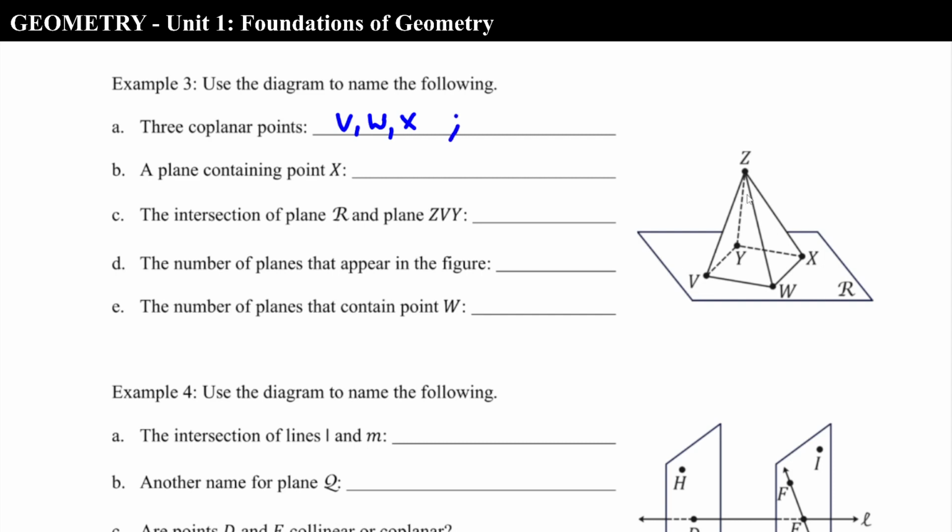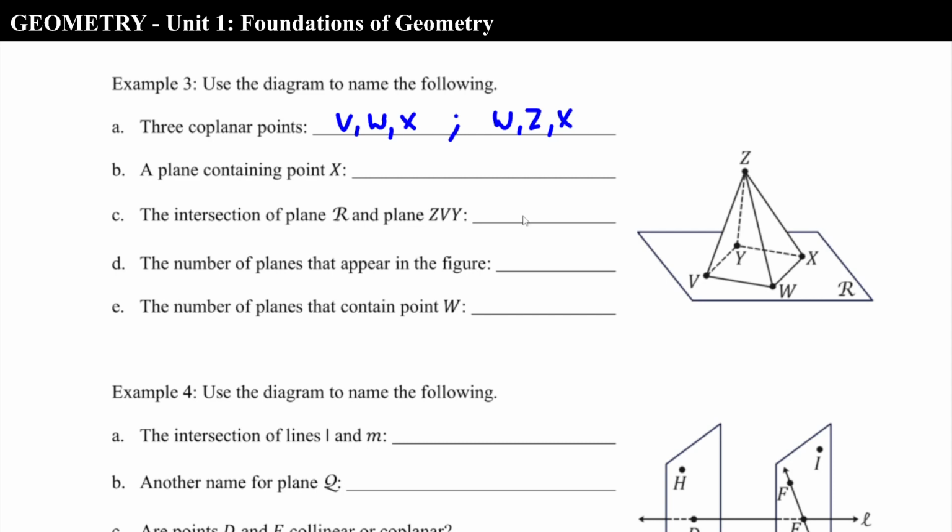Look at this pyramid that's sitting on plane R. Each of these faces is a plane, so we could say WZX as well. WZX for this plane that's facing this way. You could also say VWZ for the front face. This side back face, you could say VYZ. And then for this back face here, you could say ZYX. Okay? All of those are planes. And as long as the point's on the corner or on the edge, it's part of the plane.